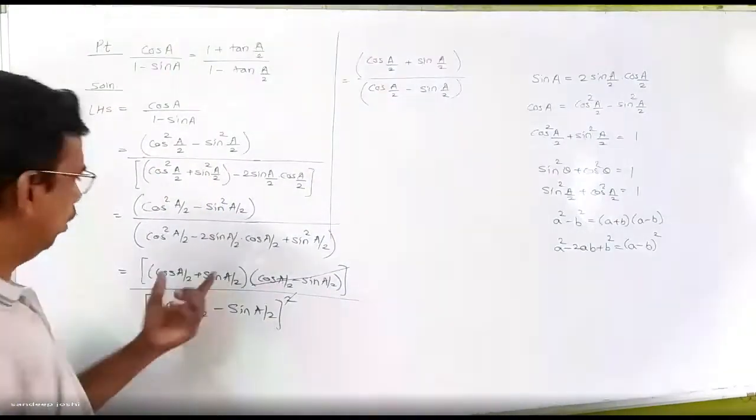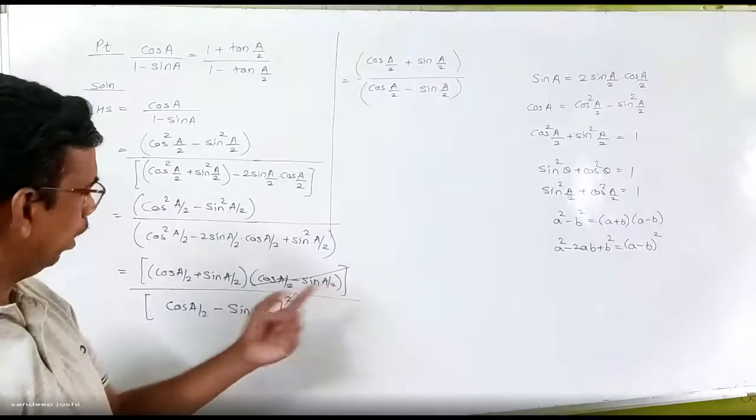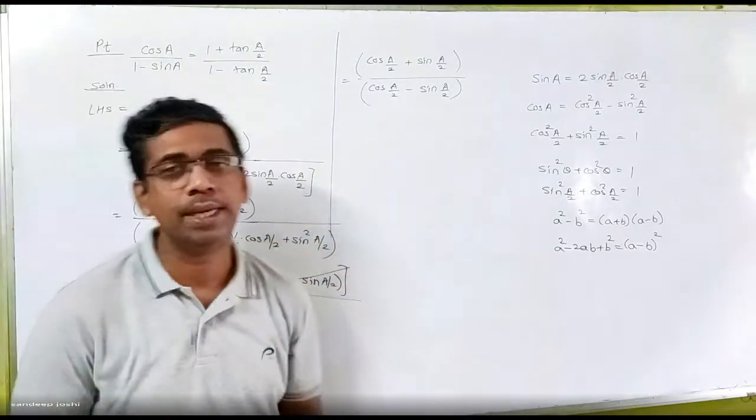The numerator remains as it is, one bracket is cancelled, so the square goes, and another bracket remains as it is.